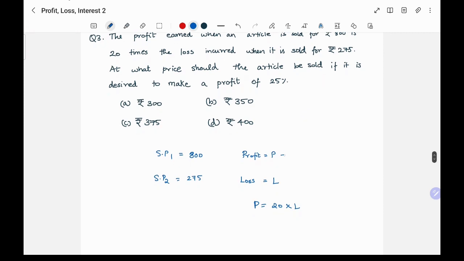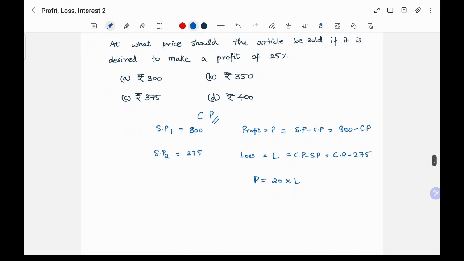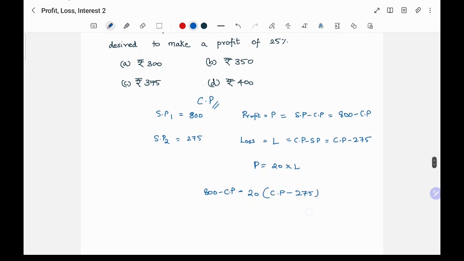Okay, so this P is nothing but selling price minus cost price. So your cost price is same. So this is 800 minus CP, and loss is cost price minus selling price. So it is cost price minus 275. So substitute this here. 800 minus CP is equal to 20 into cost price minus 275.